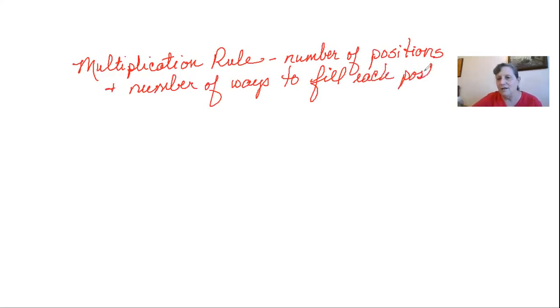This is going to be a case of where we do it with replacement, in that the way one position is filled has no effect on the way the next position might be filled.